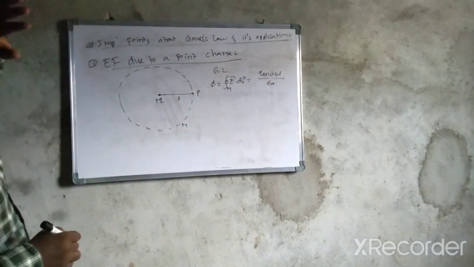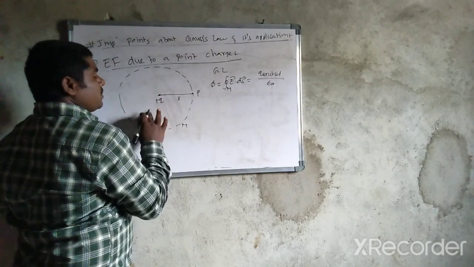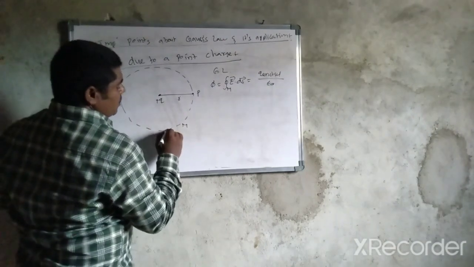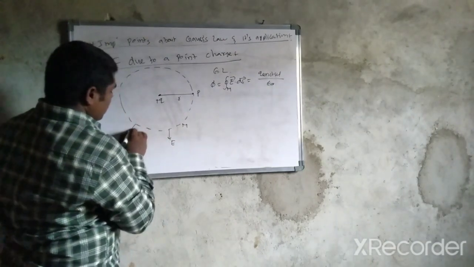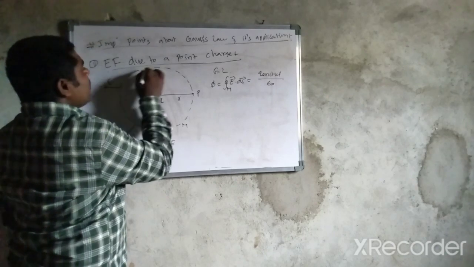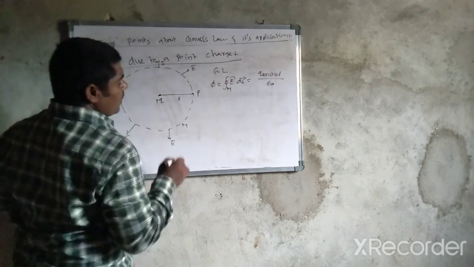This is a positive charge, that's why the electric field direction is outward, like this.